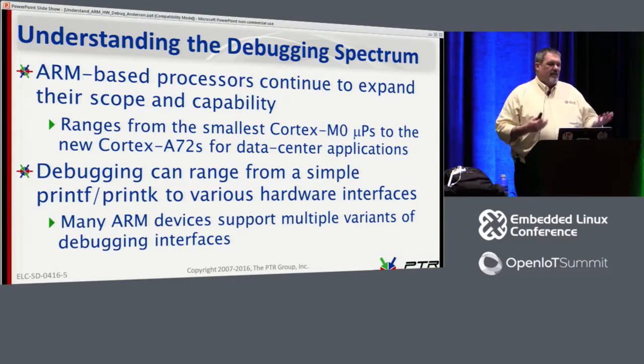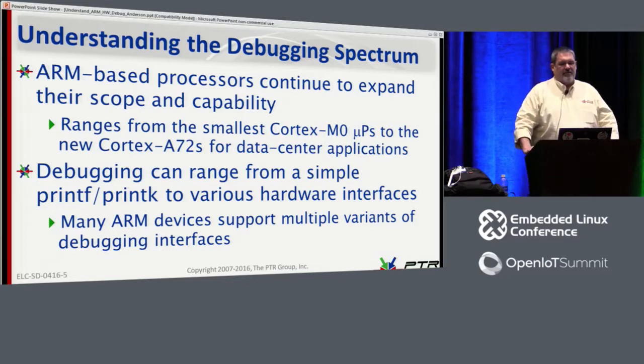So, understanding the debugging spectrum here, ARM-based processors have been changing consistently over the last several years. They continue to add new capabilities. ARM just introduced the V8-M architecture, which of course is a standard V8 architecture, but is for microcontrollers. And they also introduced the concept of TrustZone into the microcontrollers.